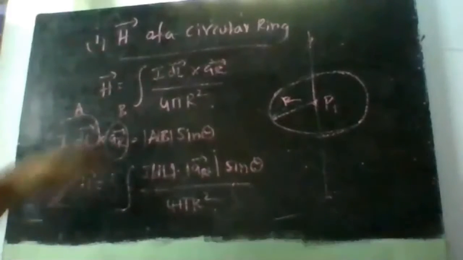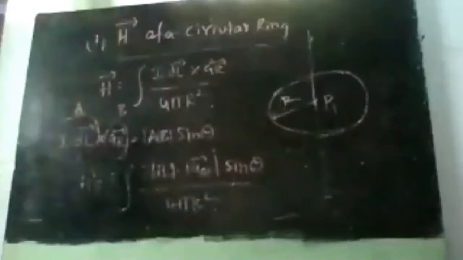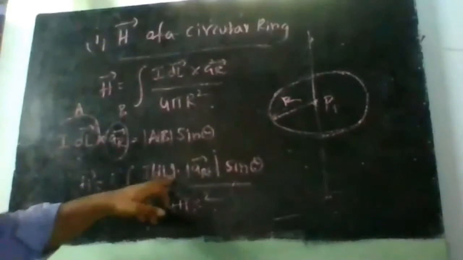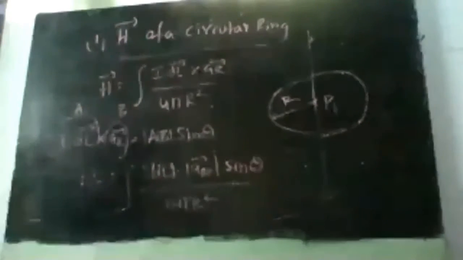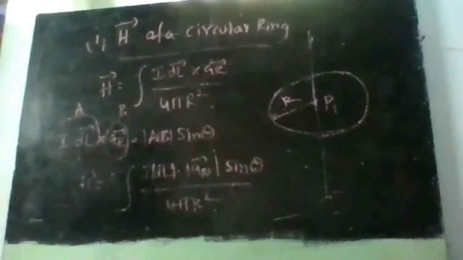On similar lines, I dL cross aR bar can be written as modulus of I dL, modulus of aR bar, sine theta, divided by 4 pi r square.